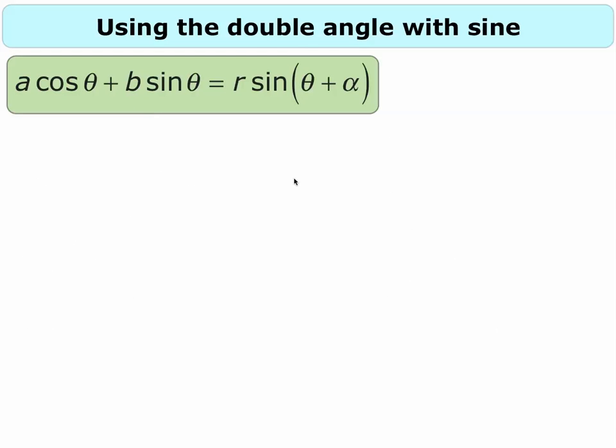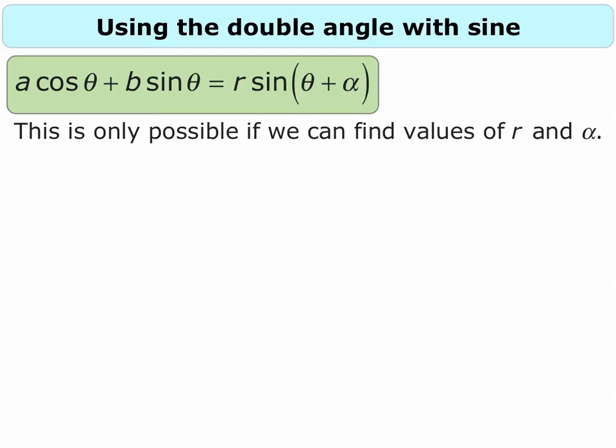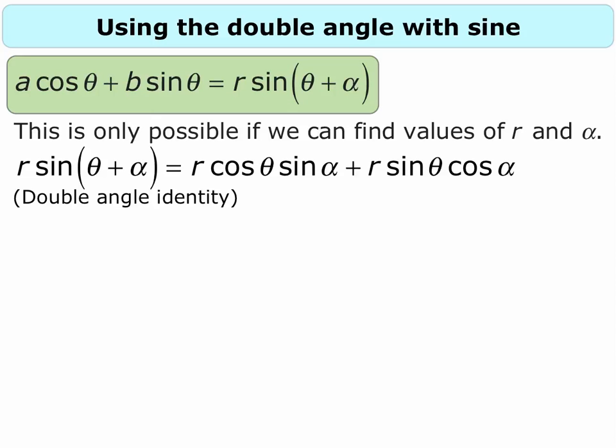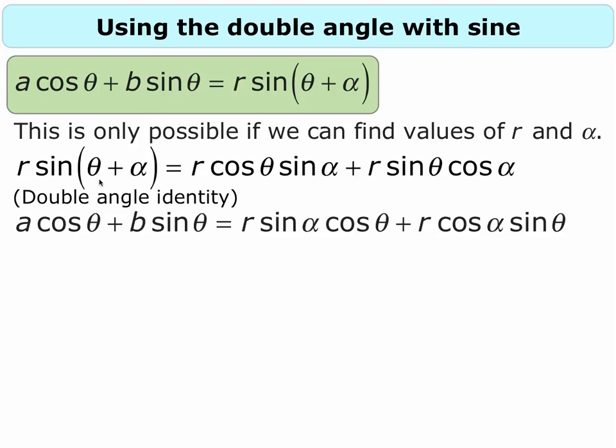Now, the same kind of principles will come if we want to write it as R sine theta plus alpha. Okay, only possible again if we have values of R and alpha. Using the double angle identity, expanding that, that will be equal to this.